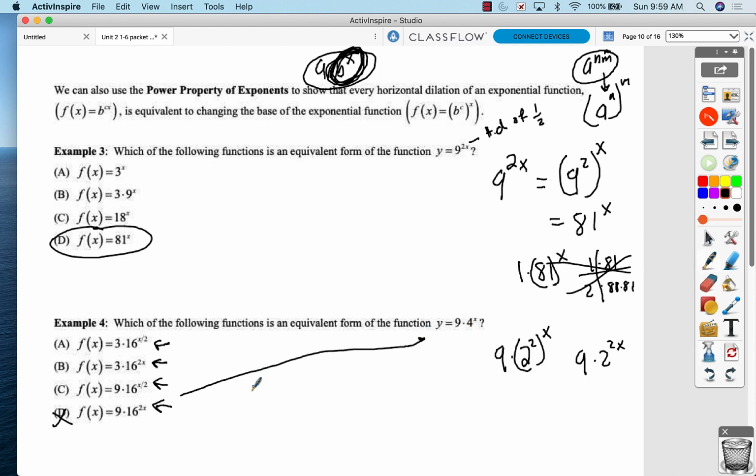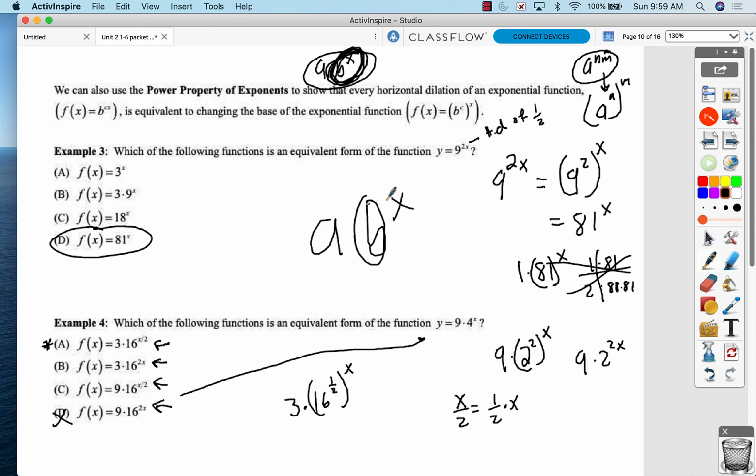Okay, so let's start with A. So that would be 3 times 16. Now this is what they wanted you to do. So x over 2 is the same thing as 1/2 times x. So they want you to pull the half inside the parentheses and leave the x out, because remember, it's a times b to the x.